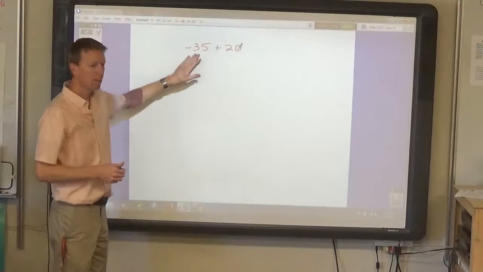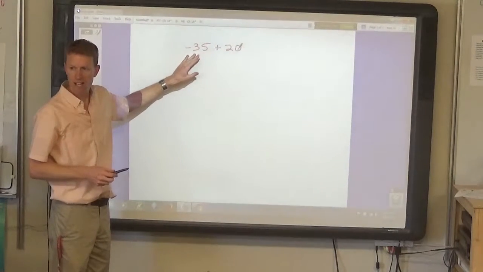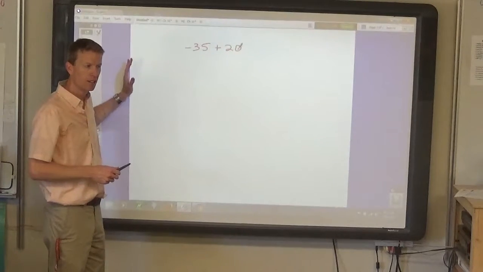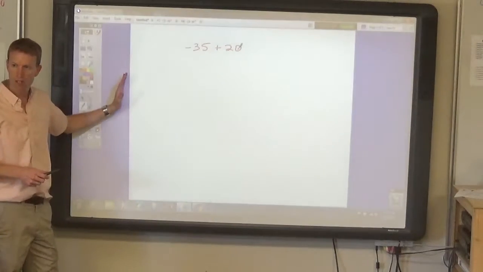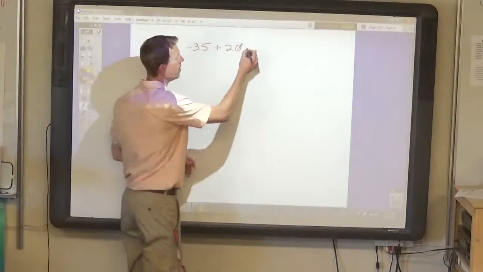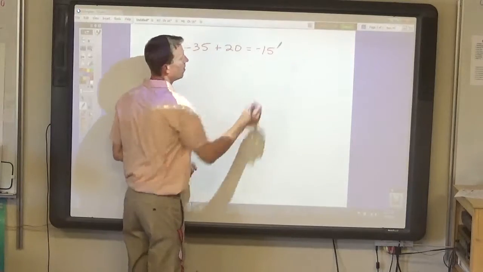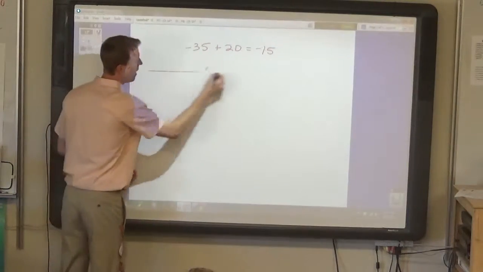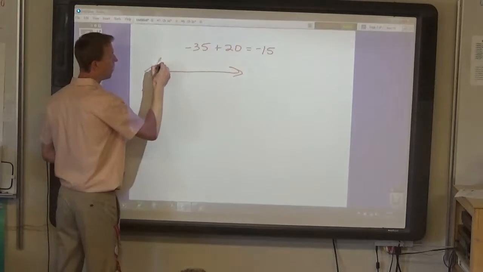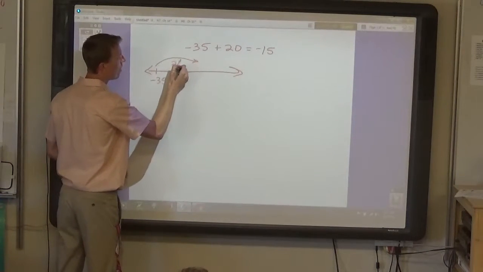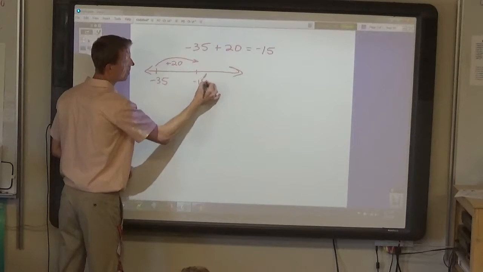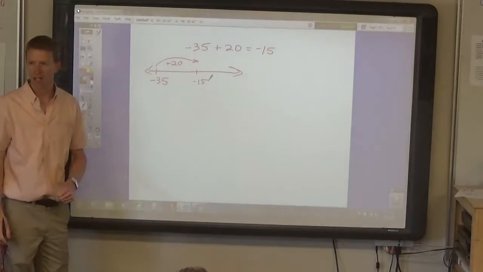Yes, you'd subtract them and make the answer negative because the negative number has a bigger absolute value. The negative number is further away from 0. So the answer is negative 15. If we were at negative 35 on the number line, and then we went to the right 20, we would still be in the negative. Okay?